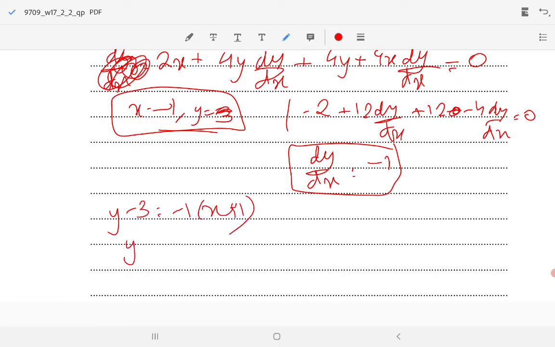So y minus 3 equals minus x minus 1, so y plus x minus 2 is equal to 0.